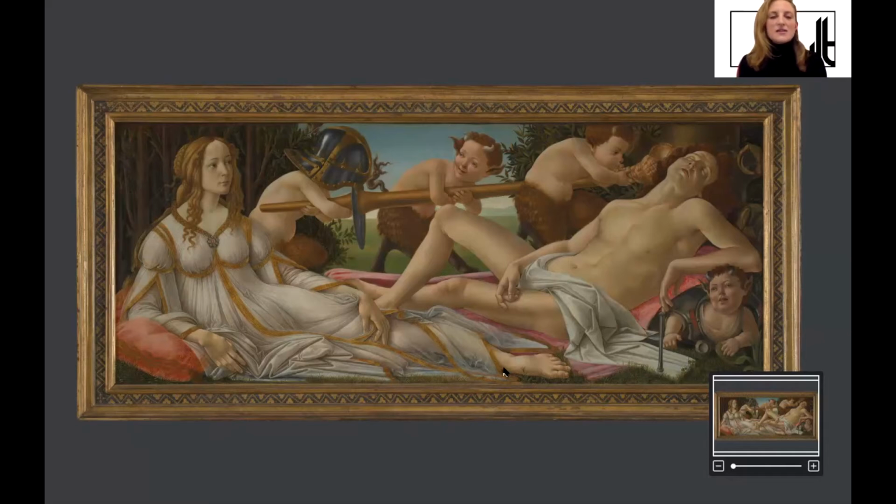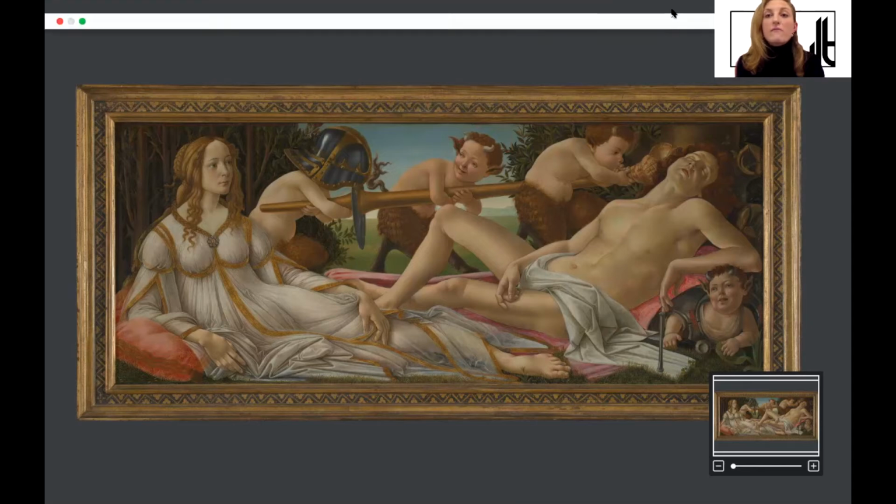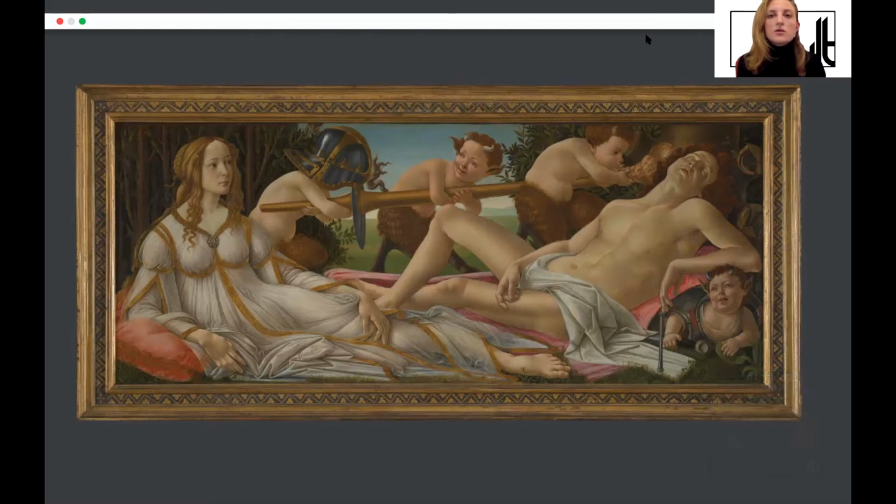So this is the story from antiquity or from Greek mythology. It's told a number of times throughout antiquity, and it's often depicted in the Renaissance. Obviously, it's a moralizing story and is often depicted around the theme of marriage, or around the moment of marriage or union between two parties.